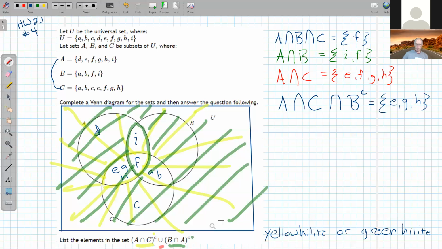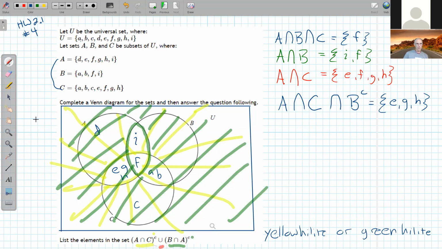I'm running out of room. I think F is the only place that's missing yellow or green. This region right here has green but not yellow. This one right here has yellow but not green. Everywhere else has yellow and green, but just there is missing it.